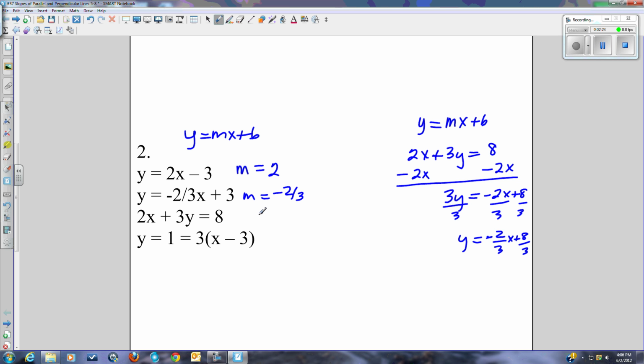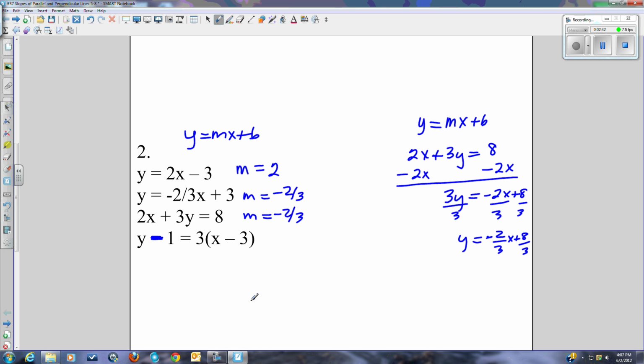And so the slope of that line is also -2/3. So we know that these two in the middle are parallel.